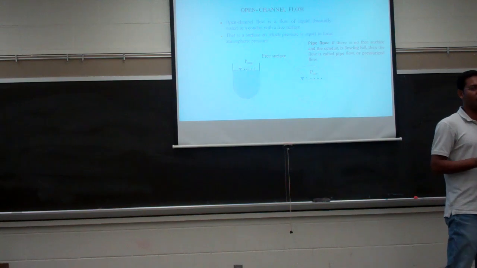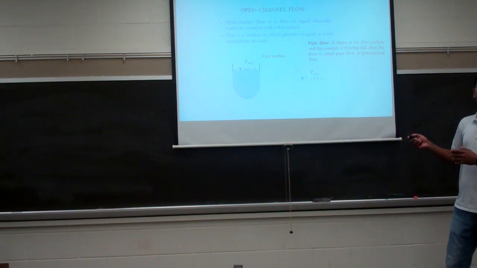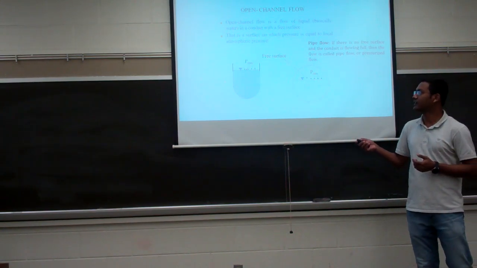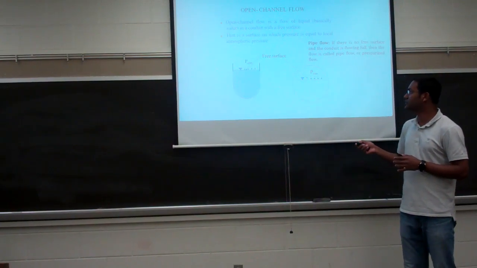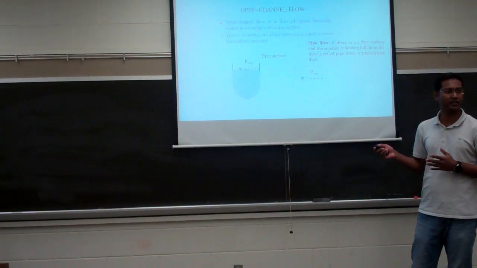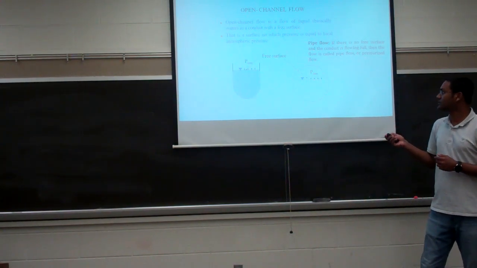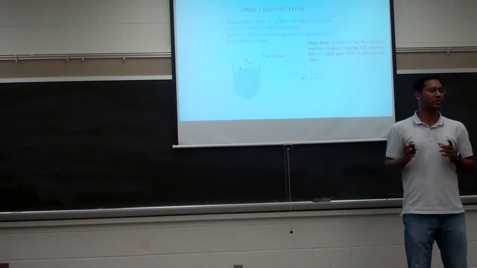If the surface is open like this, and if flow occurs through this channel, we call it open channel flow. Even if flow occurs through this closed conduit, sometimes we call it open channel flow.